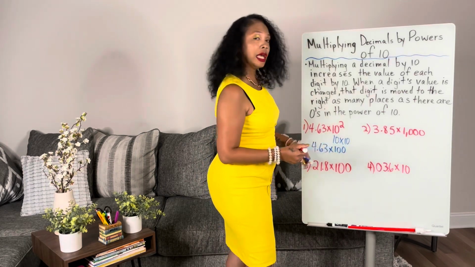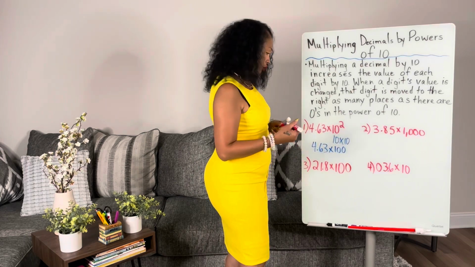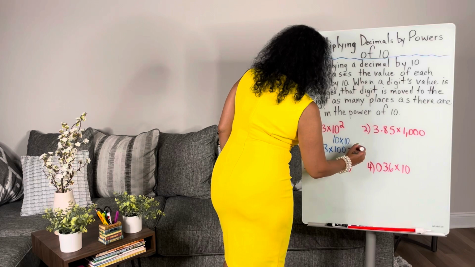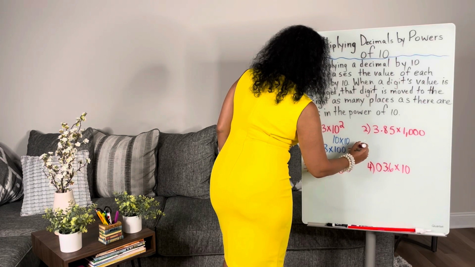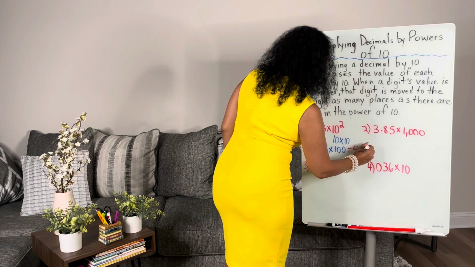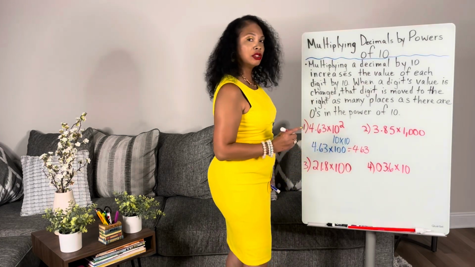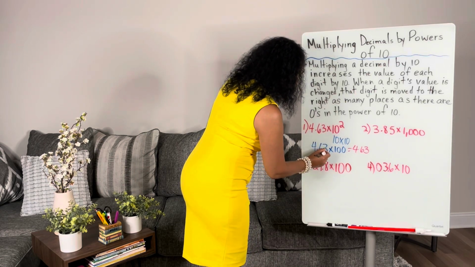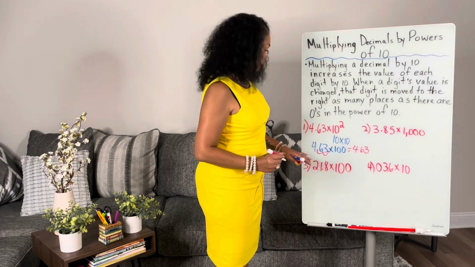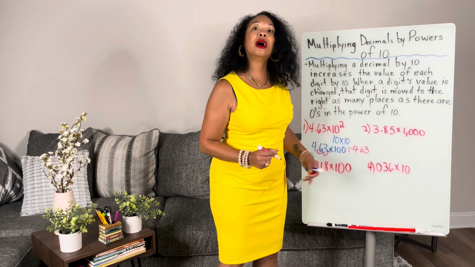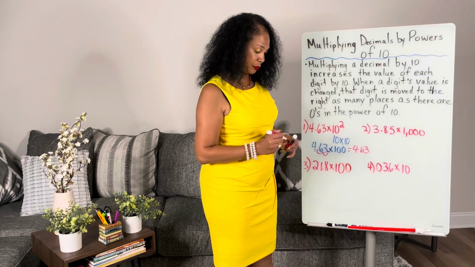So 4 and 63 hundredths is going to move 2 times to the right. That's going to be 463. So we move this 1, 2. That's where the decimal ends up. And it gives us a whole number of 463.